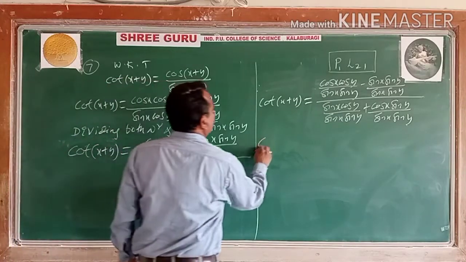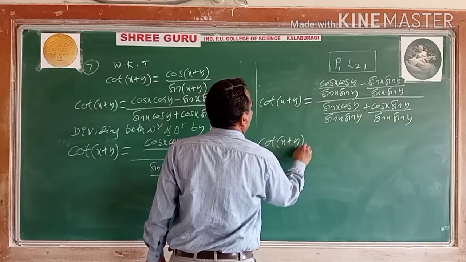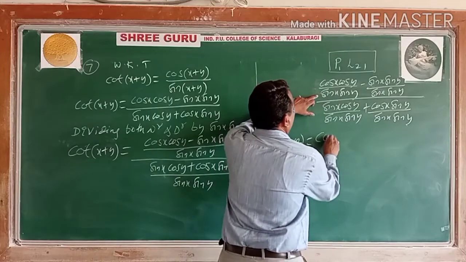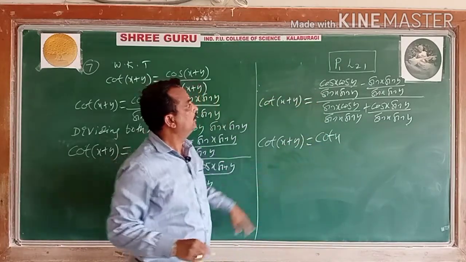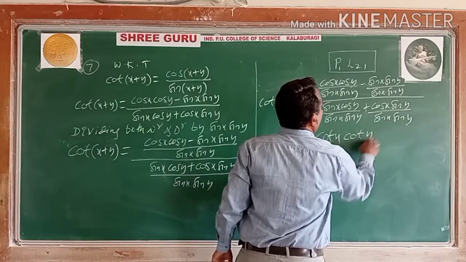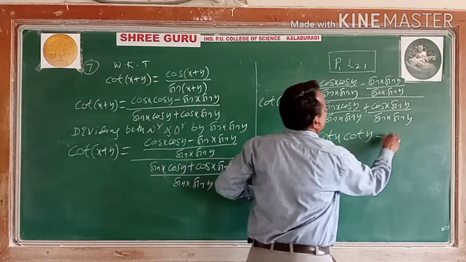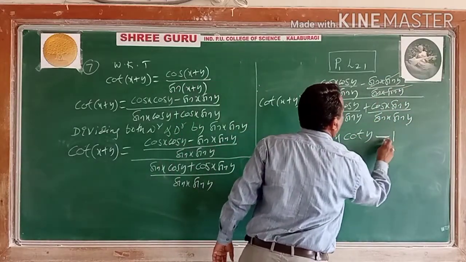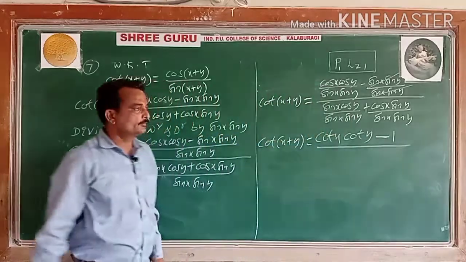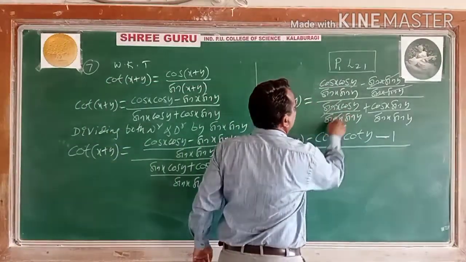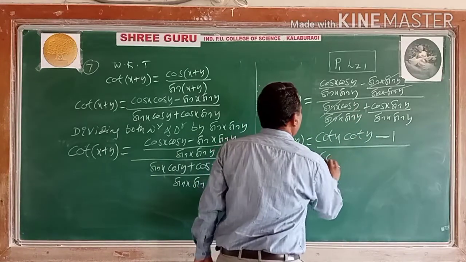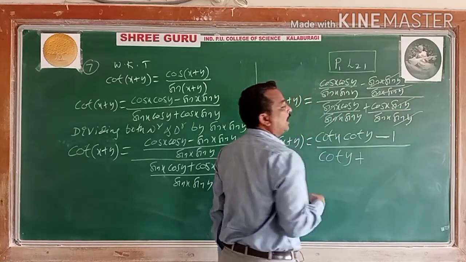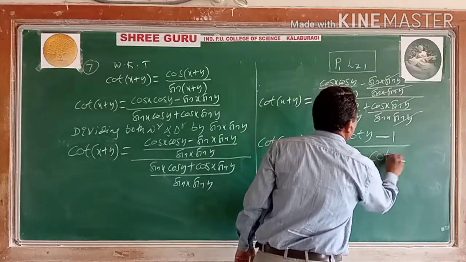Simplify, students. Cot of x plus y is equal to, see the simplification, this is cos x by sin x, cot x. Here we get in terms of cot, cos y by sin y, cot y, minus of sin x sin y get cancelled, minus of 1 remains, divided by sin x getting cancelled, cos y by sin y, cot y, plus sin y getting cancelled, cos x by sin x, cot x remains here.